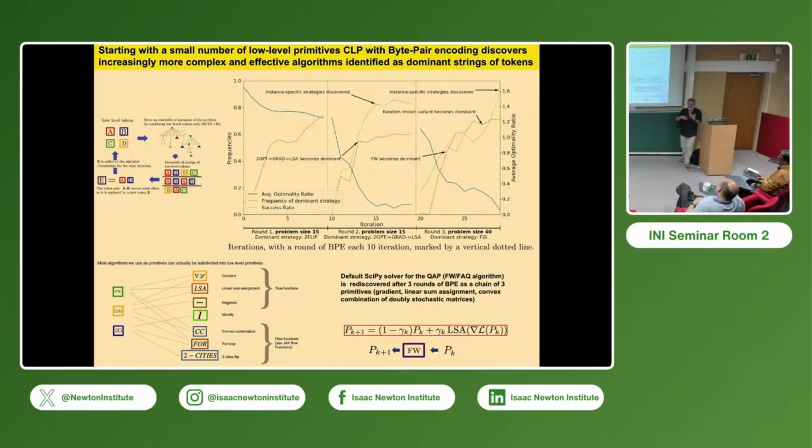This thing is rediscovered automatically with this byte pair encoding. In fact, this is the default SciPy solver for the quadratic assignment problem. It's known as the Frank-Wolfe algorithm. So you essentially learn it from scratch. But you are not limited to just learning that. You are going to learn new algorithms as well.